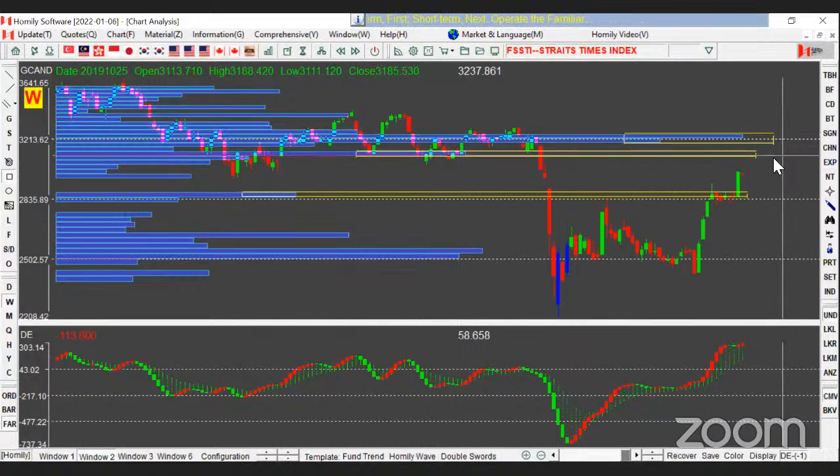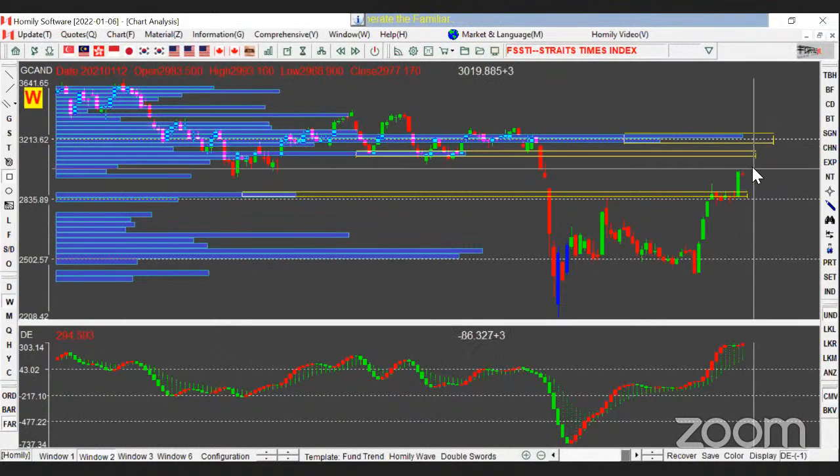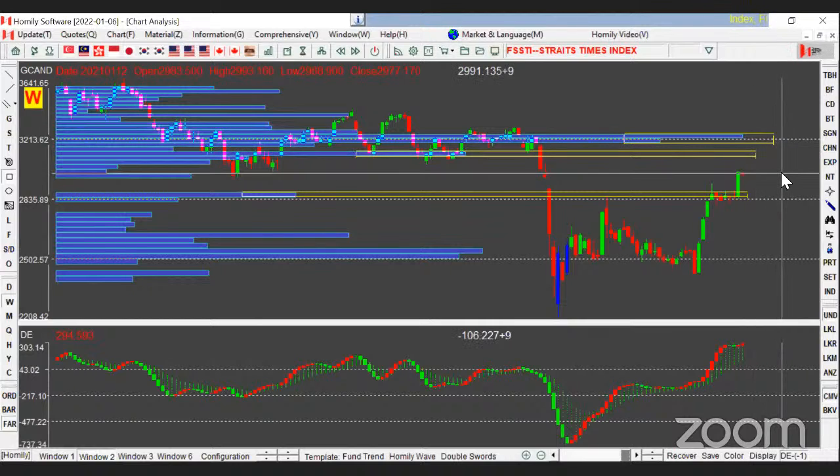So this range here would be significant resistance levels for our STI. It means when the price reaches this area, the rally may not be so forceful as this week. Okay, so we need to get prepared for that.